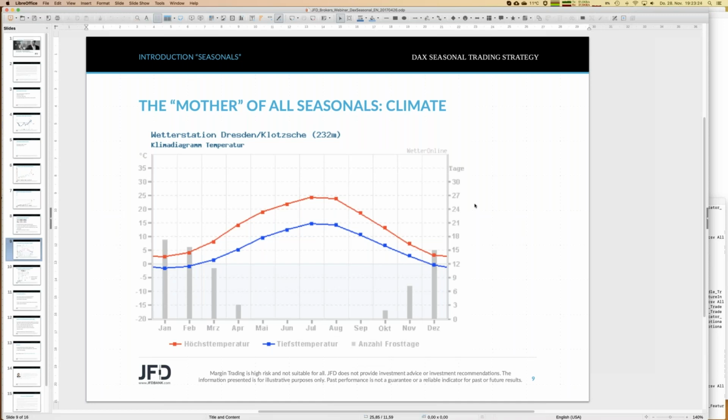But in general, we know we can use cyclic events, and we have something similar in trading symbols. Not that clear maybe, like the temperature in Dresden, then we can use that as a statistical edge for our trading activities. And that's exactly what we want to use.